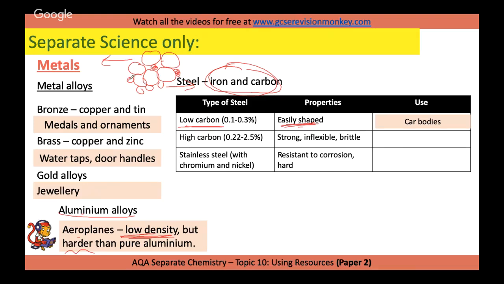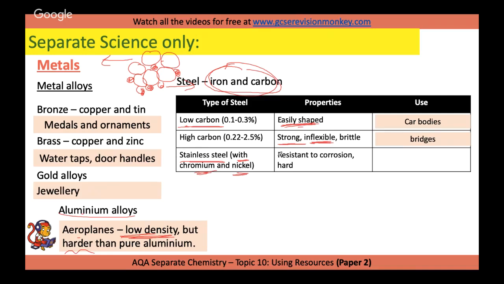If you add more carbon, so you've got a higher percentage of carbon, you make something that's much stronger and inflexible. So things like bridges are made out of high carbon steels. The final steel alloy that you need to remember is stainless steel, which is an alloy of iron, chromium, nickel and carbon as well.